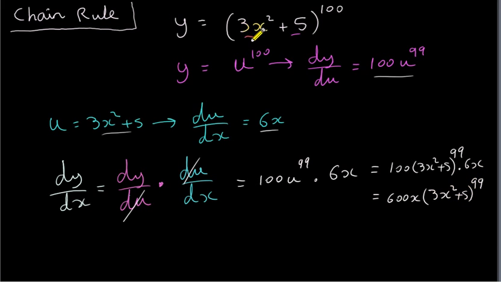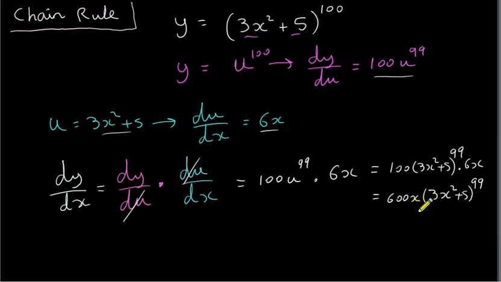So here I've applied the chain rule to what is essentially a polynomial. If we were to expand this out by the binomial theorem, we'd have a polynomial. But in later videos I'll apply the chain rule when we're differentiating trigonometric functions and exponential functions.